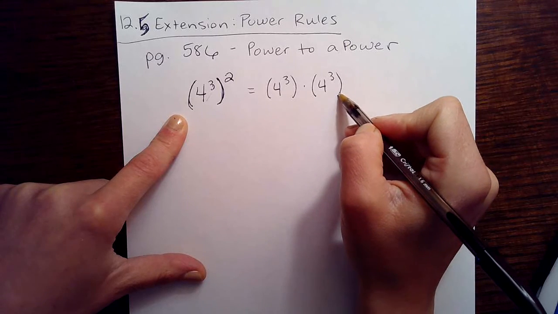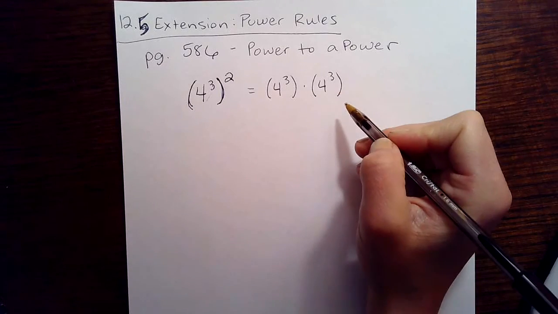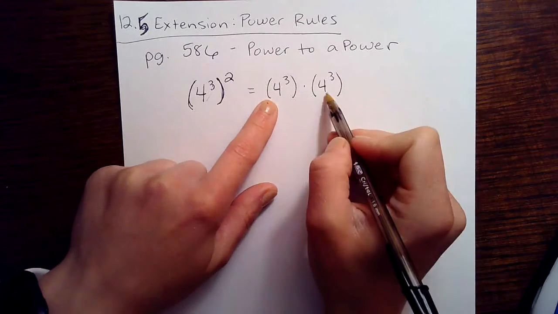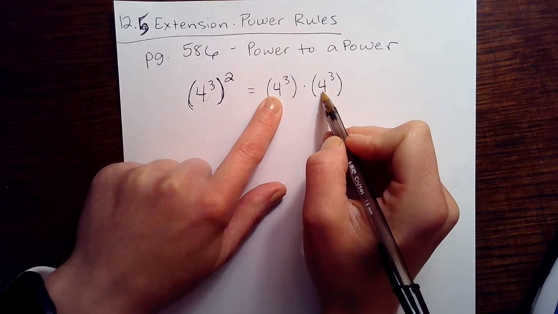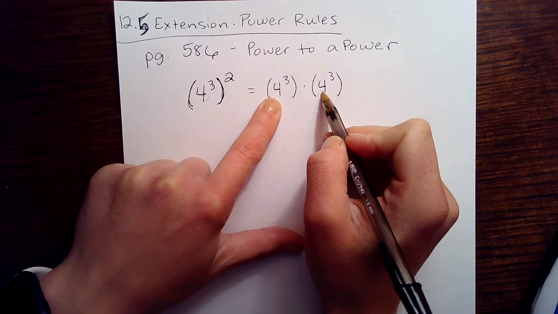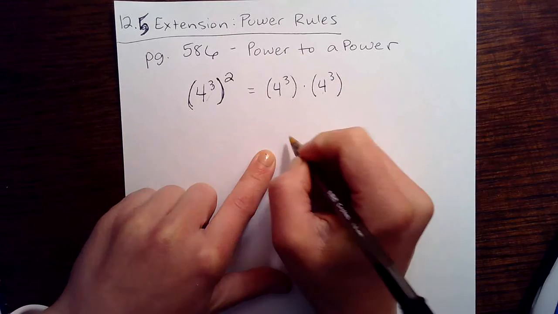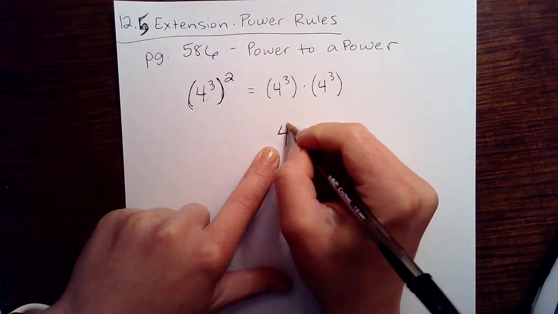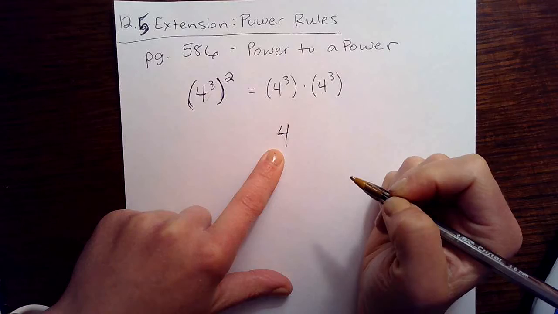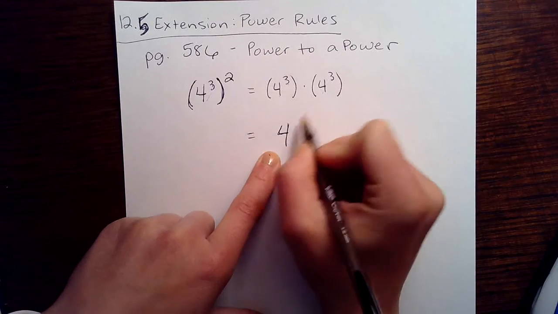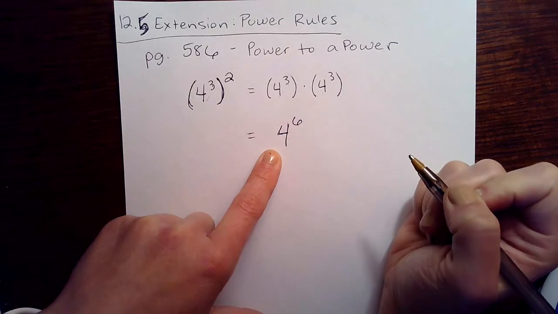Now, we see our product of powers where we multiply 2 things with the same base. Think back or look back, what did we do with the exponents? When we have the same base, we keep the base and we add the exponents. 3 plus 3 is 6.